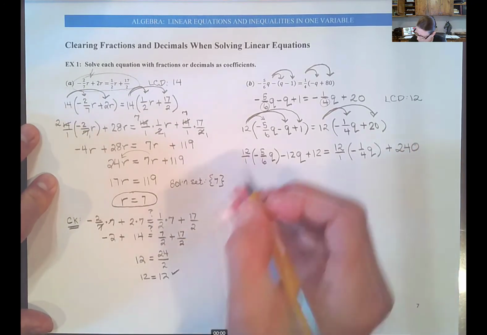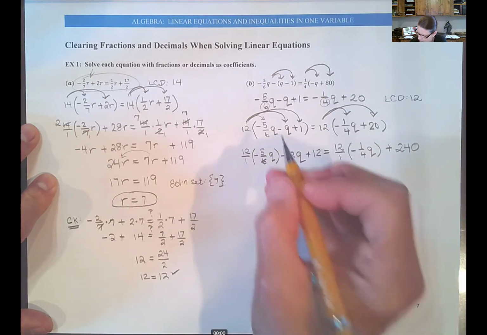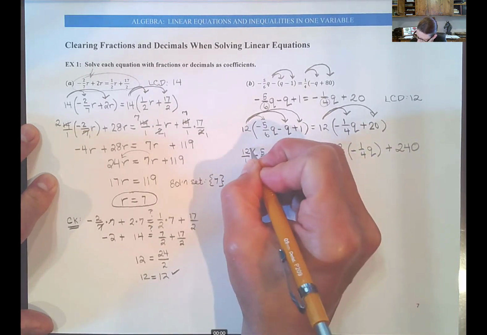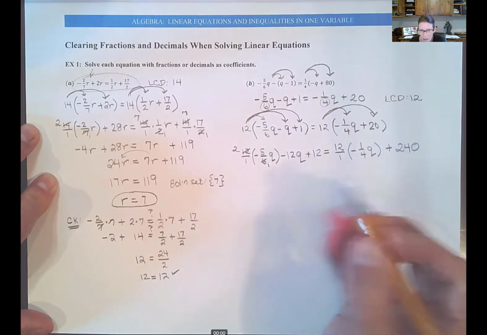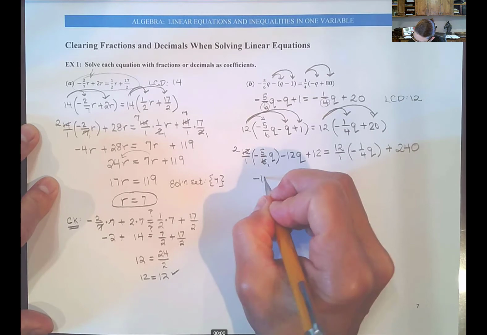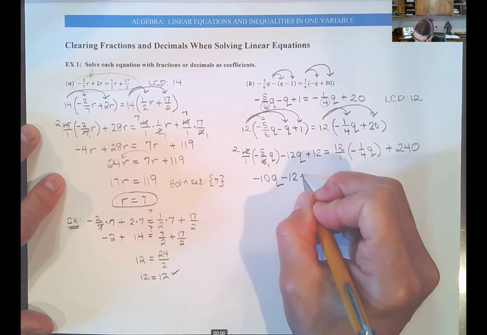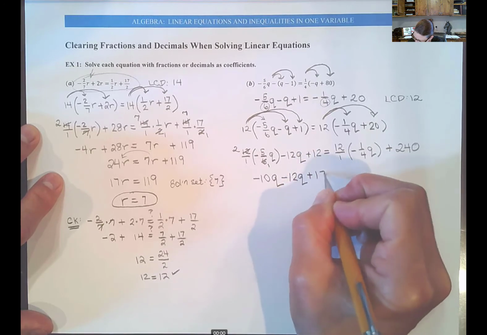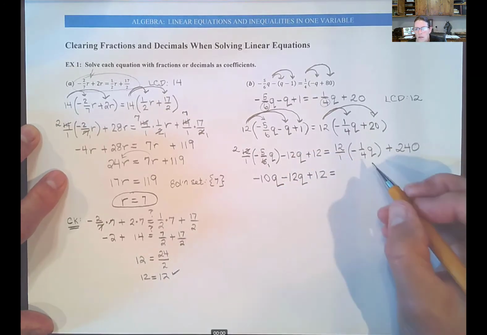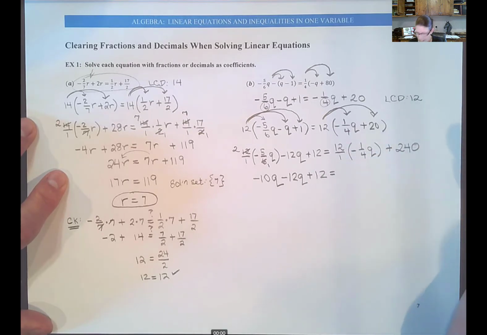Now let's multiply. Okay, I'm going to divide out my common factors first. 6 divides into itself once, into 12 2 times. Multiplying straight across, we've got negative 10 over 1, or negative 10q, minus 12q plus 12. Let's see, on the right-hand side, 1/4 of 12 is 3.